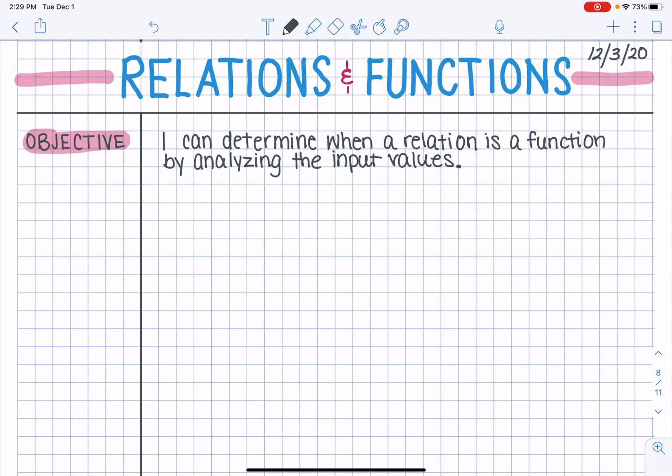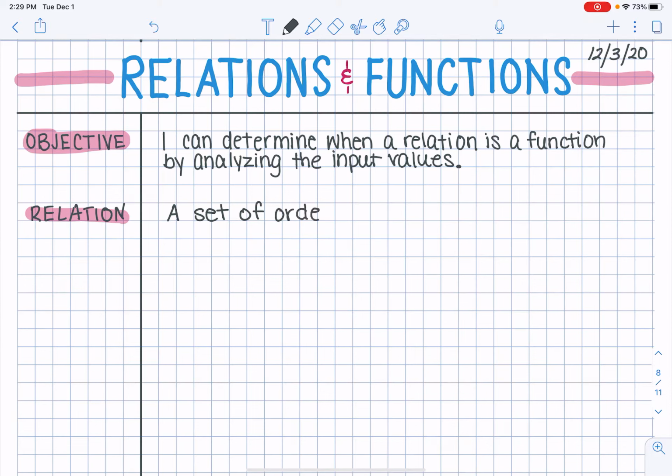We know what a relation is. Okay, so let's write down the definition of a relation. I'm going to highlight my vocab words. We know that a relation is a set of numbers, but they're special numbers that we call ordered pairs.